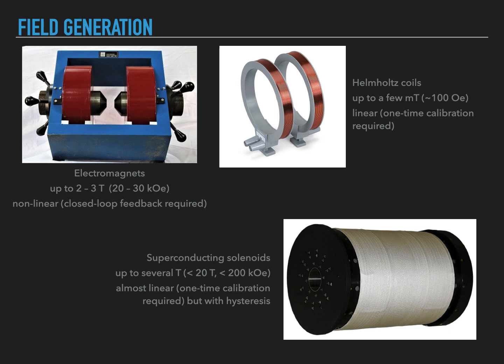But they are severely limited in the maximum field that you can apply, that can go up to a few millitesla, no more than that. If you really need huge field values, in any case less than 20 Tesla, because we are talking about static fields, your only option is superconducting solenoids, which are almost linear, but that almost is very tricky because they suffer from some hysteresis that you need to take into account.